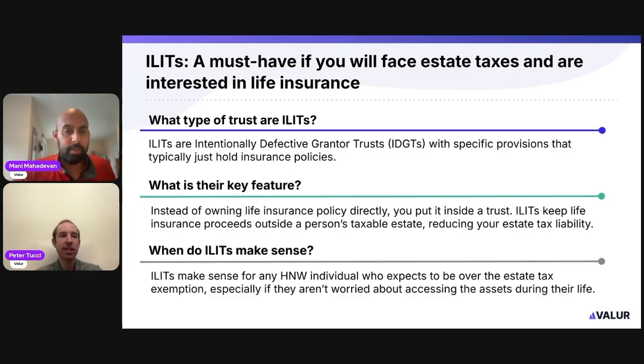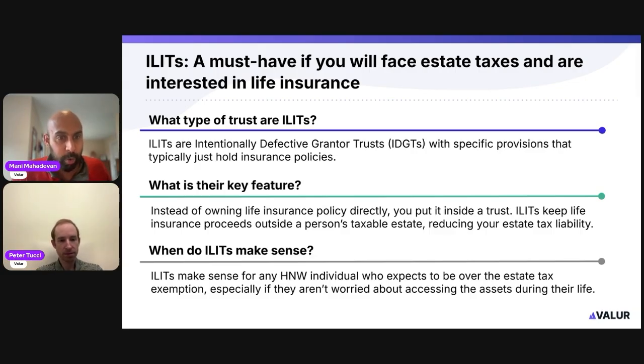And I just want to call this out, and this is broadly true whether it's IDGITs or non-grantor trusts: you use these irrevocable trusts. If you're worried about the estate tax, you put assets that you expect to appreciate inside these trusts so that all the appreciation won't face gift and estate tax.